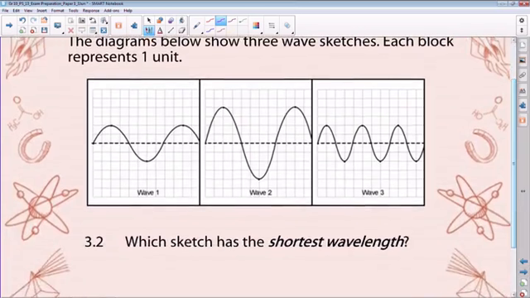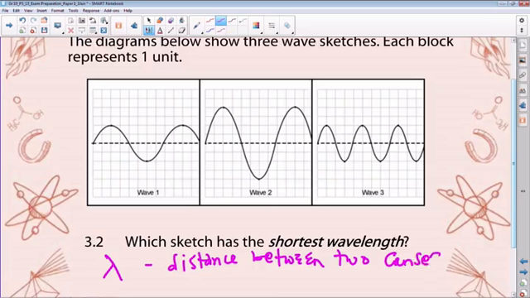We know that wavelength, lambda, is the distance between two consecutive points in phase.